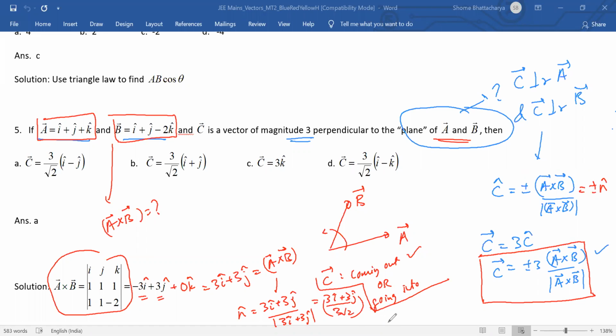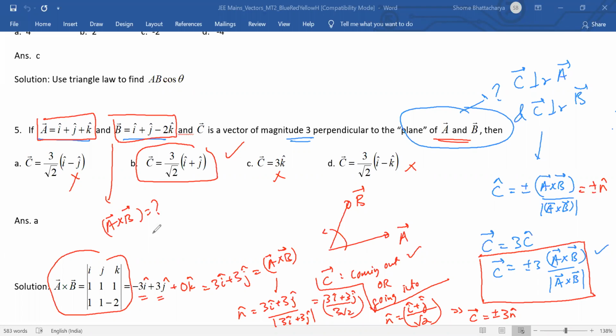So this unit vector, as you can see, is either plus or minus of 3 into n cap. So this is one option that can be correct, whereas this option is not correct, this option is not correct, this option is not correct.